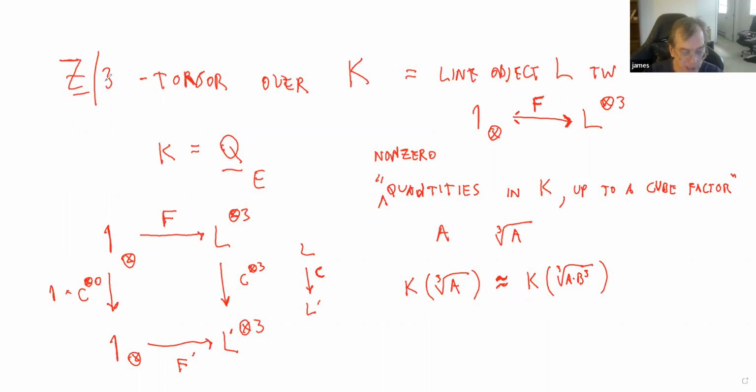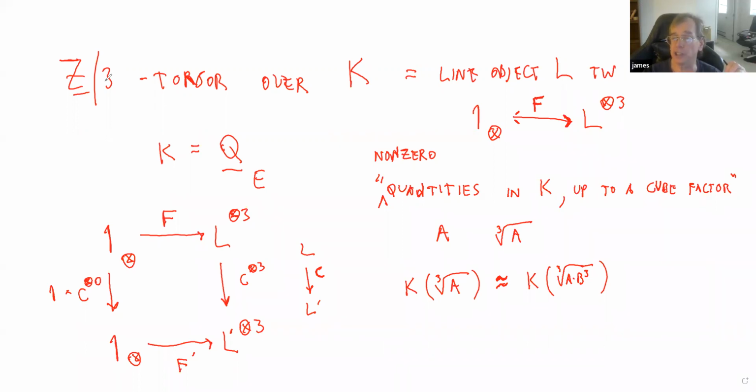So the point is that in that representation category, we have a nice object, which is really the group ring itself, right?